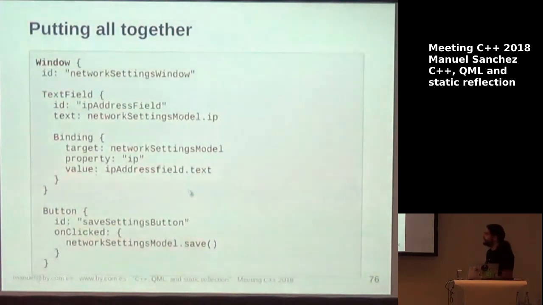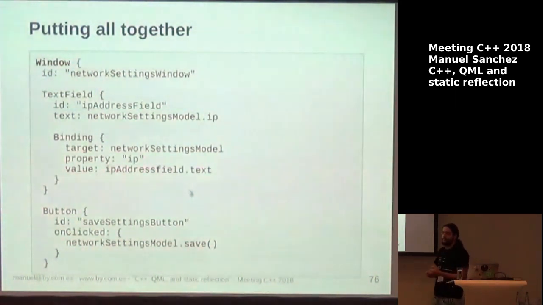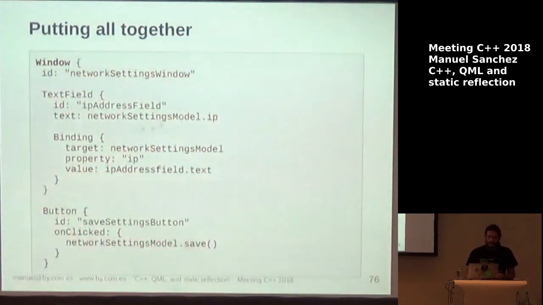And this is how your network configuration window could look. You have the name of the window here, and a text box to change the IP address. We bind the text shown on the IP address field to the value of the IP in the model, actually the proxy of the model. And then a binding to the other side, back to the backend, that says put the value of the text box in the IP field of the model.